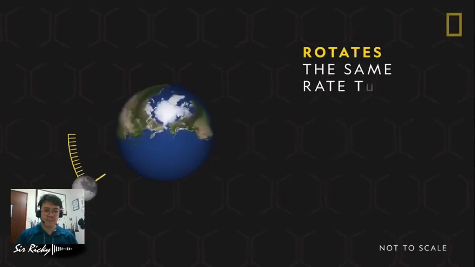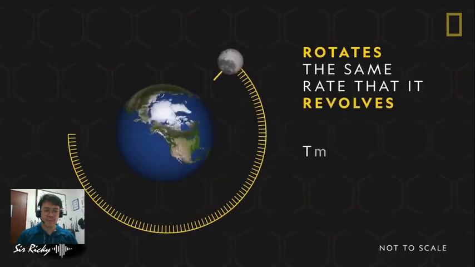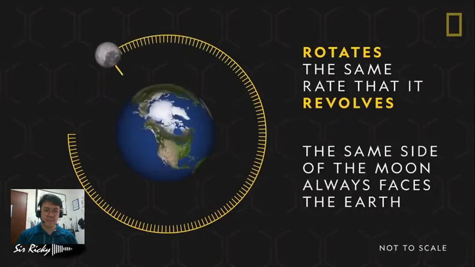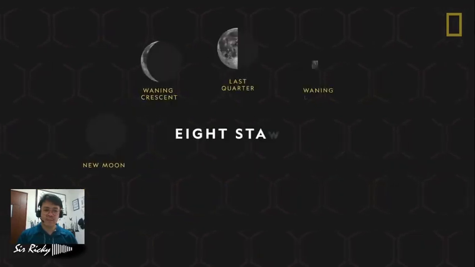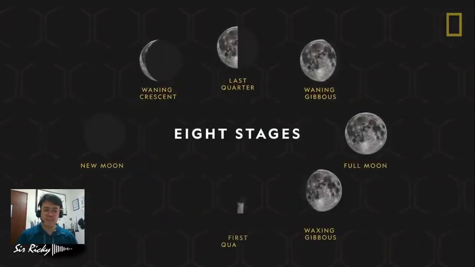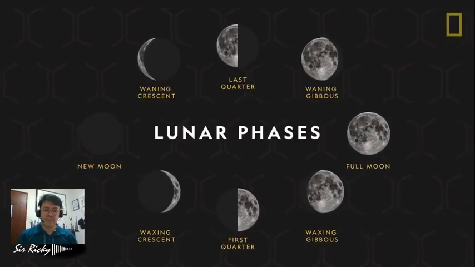It rotates at the same rate that it revolves. So as it revolves around our planet, the same side of the moon faces the Earth at all times. From the Earth's surface, we can observe 8 distinct, traditionally recognized stages of the moon's illumination, called lunar phases.